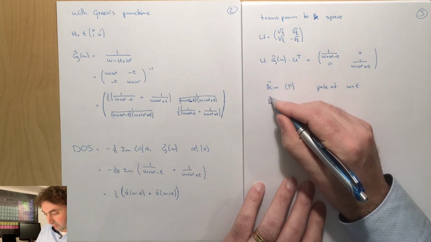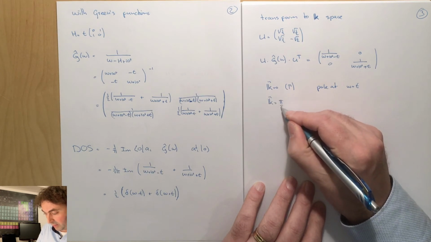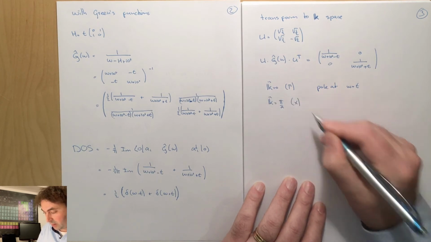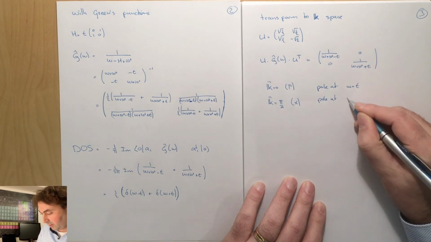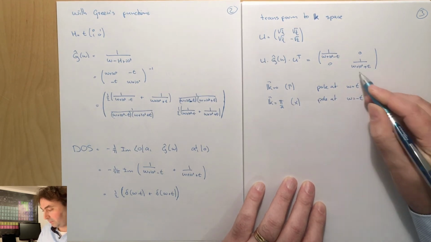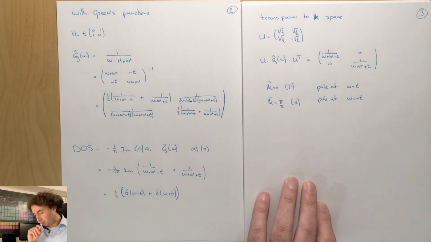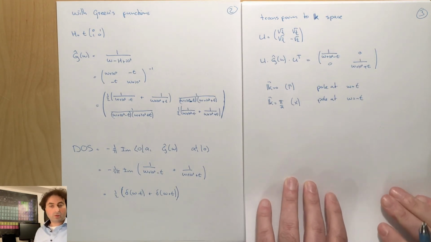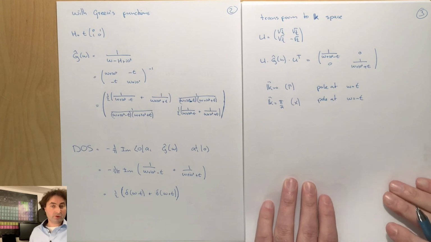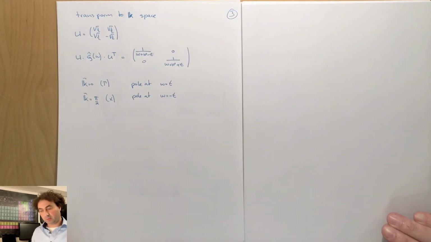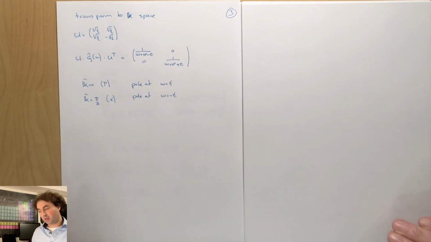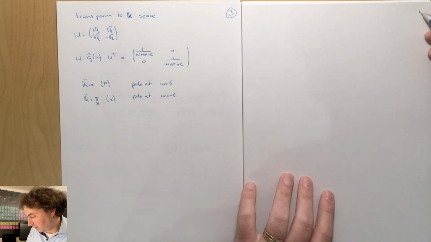And when k is pi over a, our X point, the antibonding state, we have a pole at omega is minus t. So also in k-space we reproduce the physics that we had before, that we can read off what the eigenenergies are in our system.